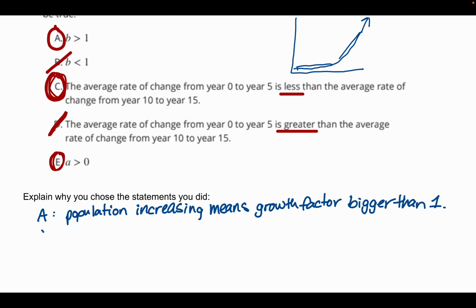And then for option C, so how did we word this? Because I gave a wordy explanation for that. The rate of change is smaller.